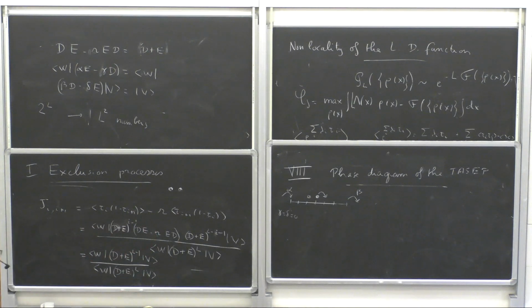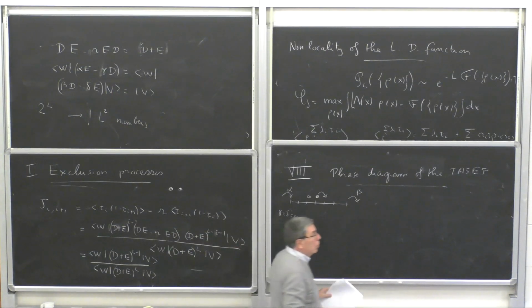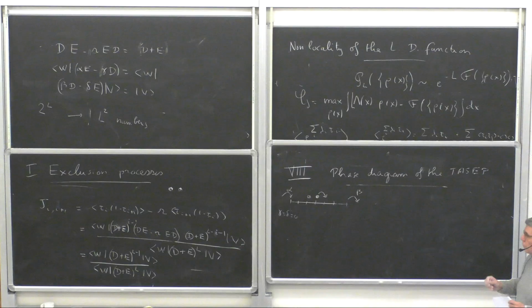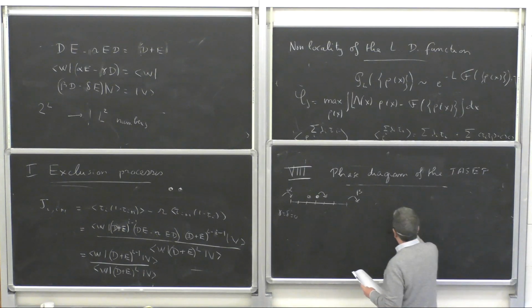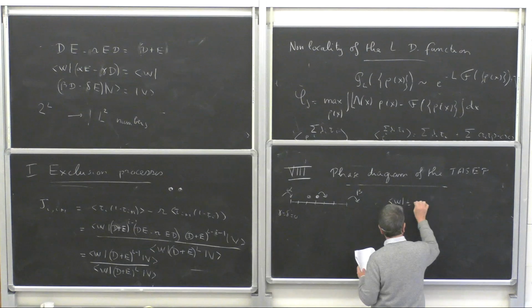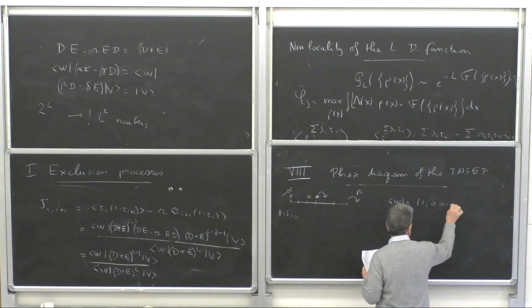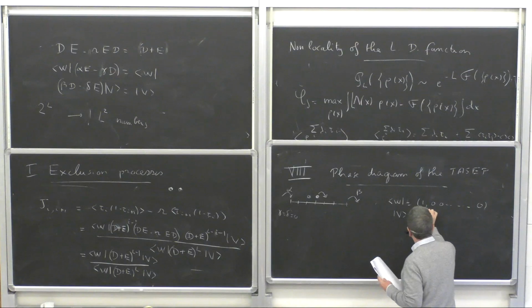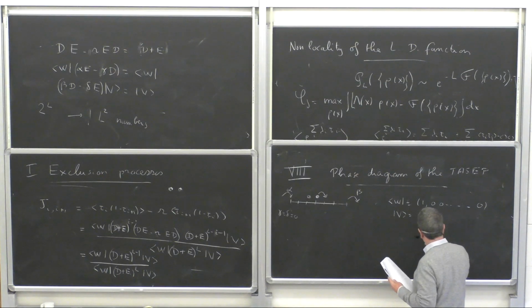Now, you can do it for the general case, but let me show you a matrix form which solves this equation. The vector V is equal to 1, 0, 0, and so on. There are only zeros.